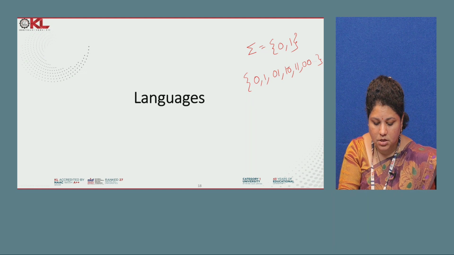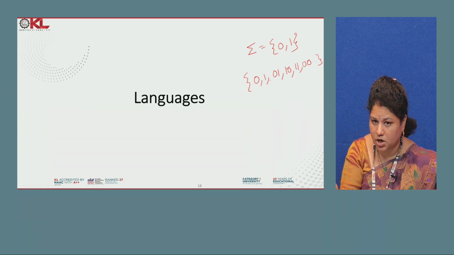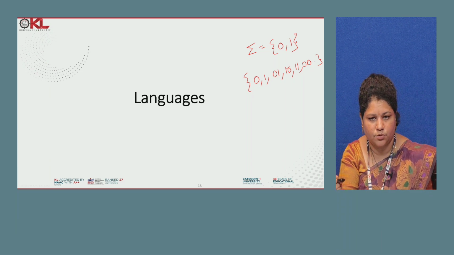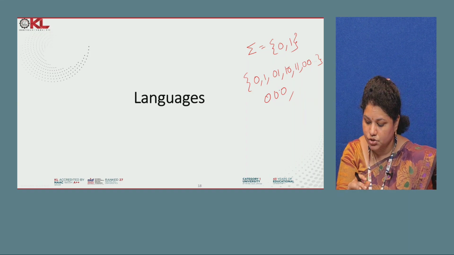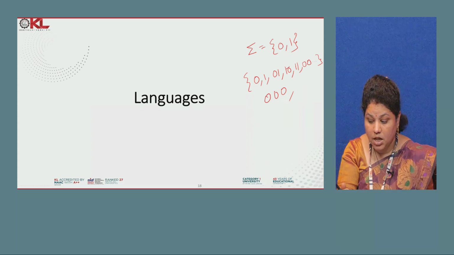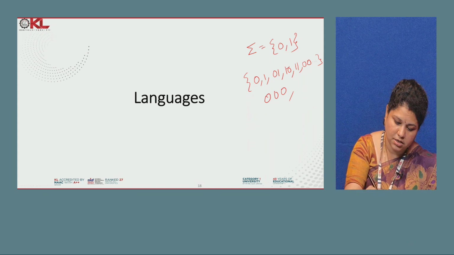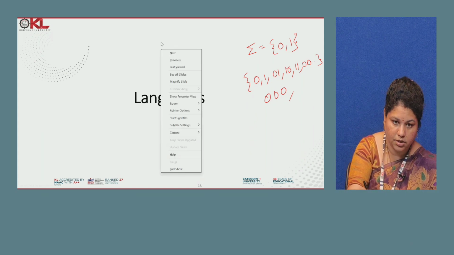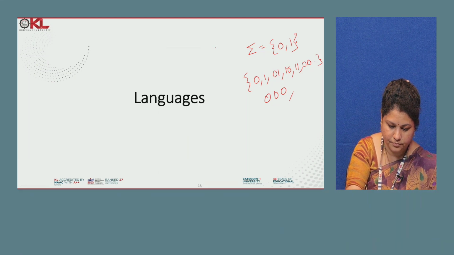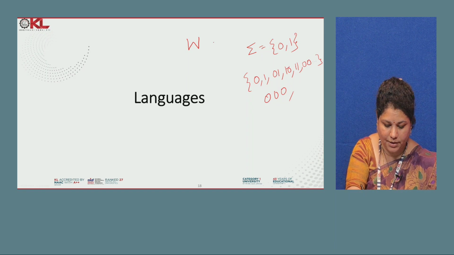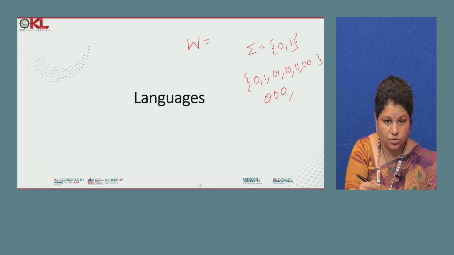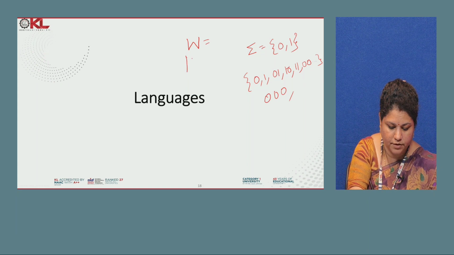Here 0 1 means one occurrence, 0 1 means two occurrences, 1 0 means two occurrences, 1 1 means zero occurrence, 0 0 0 means three occurrences. Like this strings can be generated. Generally a string is denoted with W. W means word. The length of the string is denoted with mod W.